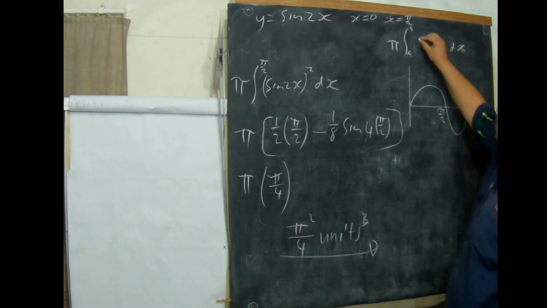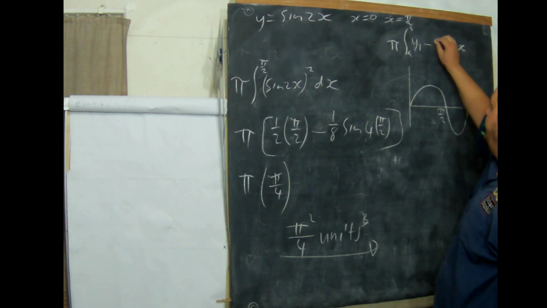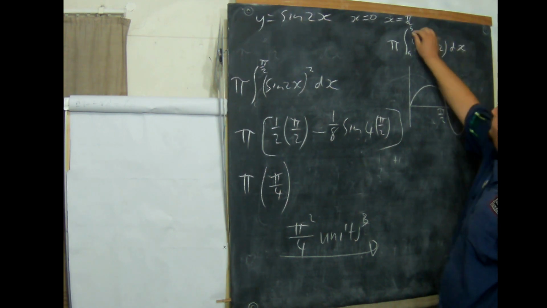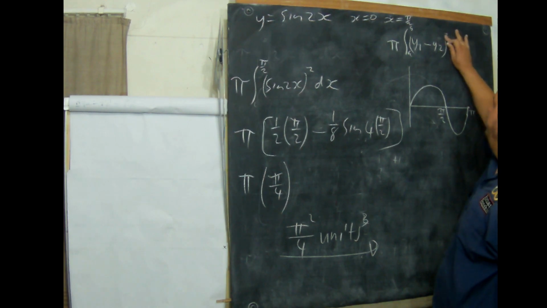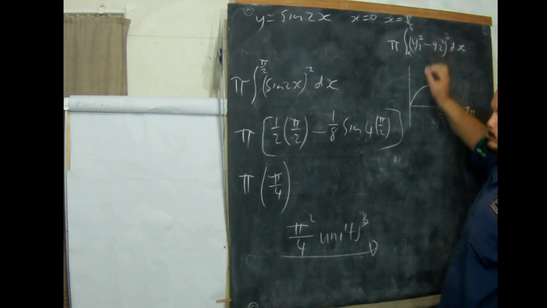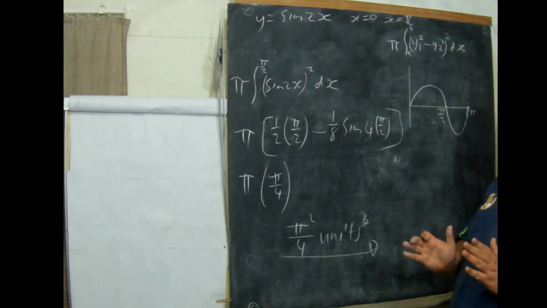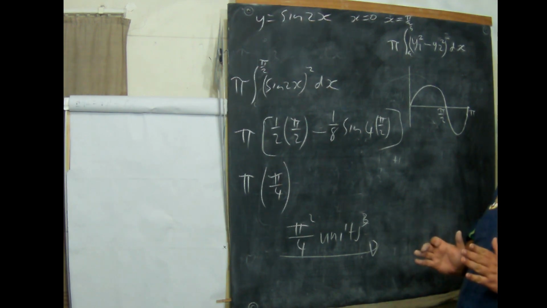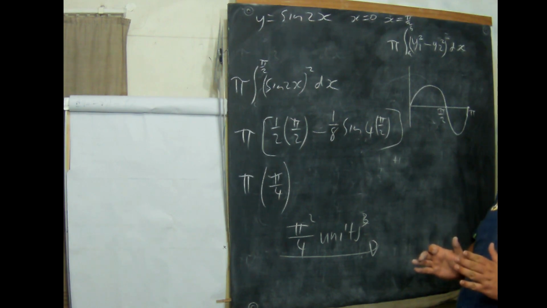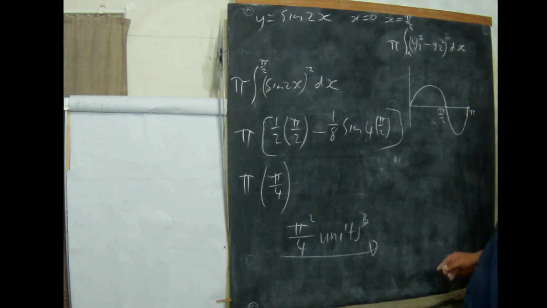So that is y1 minus y2, and square both terms. So square both whole formulas. Not just one formula, square them both. Square both squared formulas. Okay?